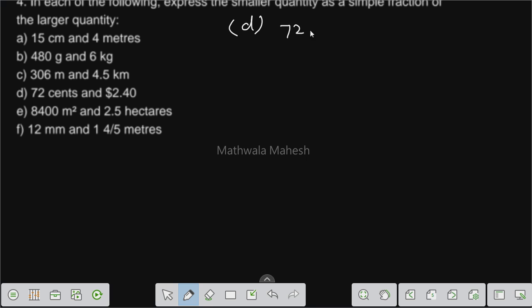72 cents and $2.40. It means we know that $1 equal to 100 cents.